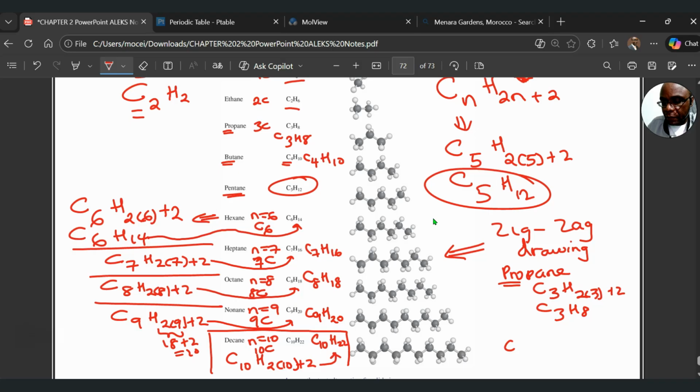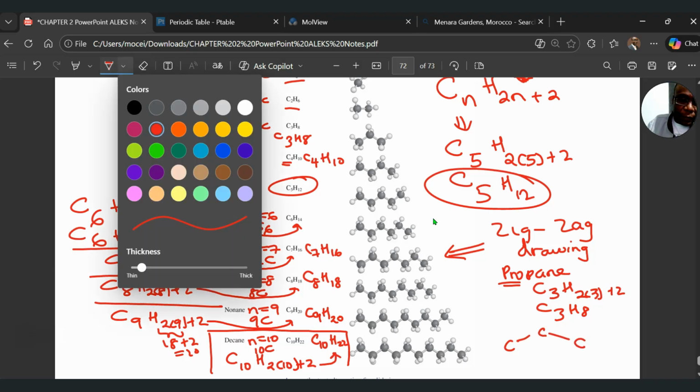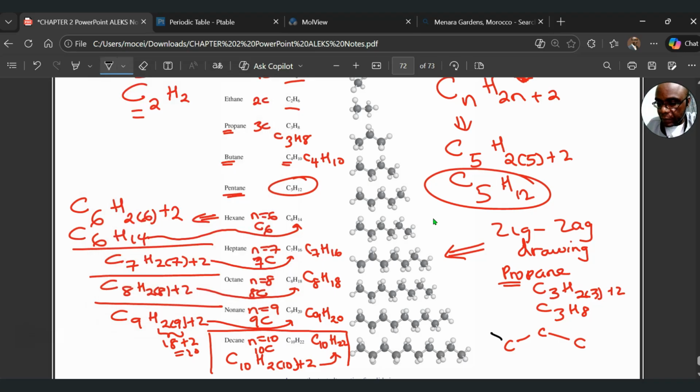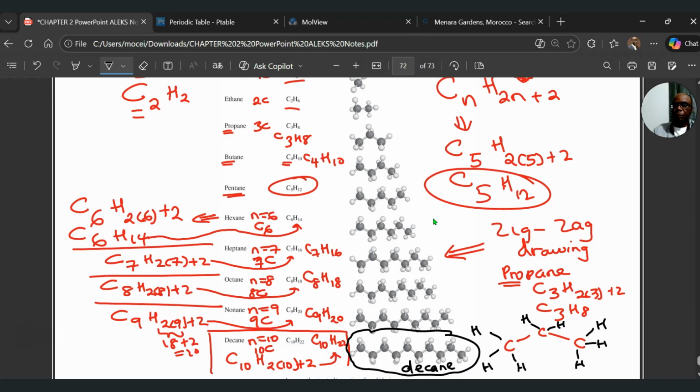So we have 3 carbons connected with bonds, and then now we introduce the 8 hydrogens. H, H, H, H, H, H, H, H. So you have fun drawing decane in that way. Just connect the carbons and populate the hydrogens. Keep in mind that each carbon must have no more than 4 bonds, no more than 4 lines.